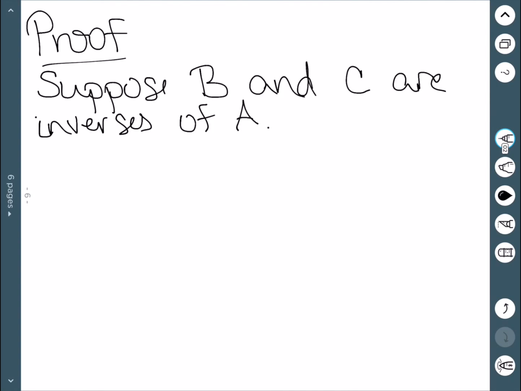Anytime we want to prove that something's unique, we suppose it's not. We'll suppose that both B and C are inverses. Then I know that AB is equal to AC, and both of these are equal to the identity by the definition of an inverse.